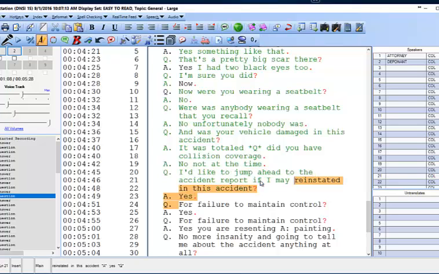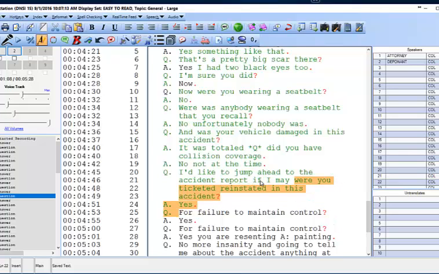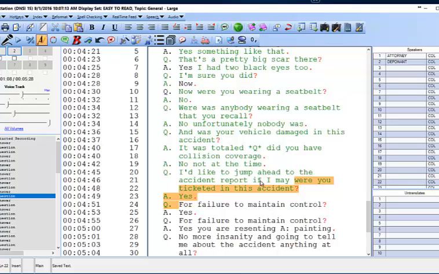Were you ticketed in this accident? Echo: Yes. Hugo: For what? Echo: For failure to maintain control.